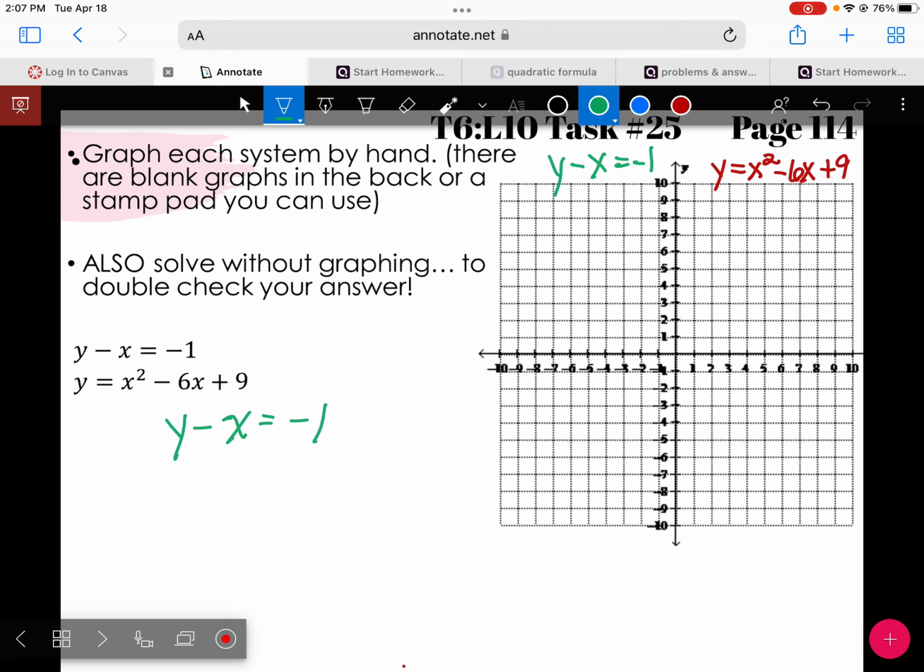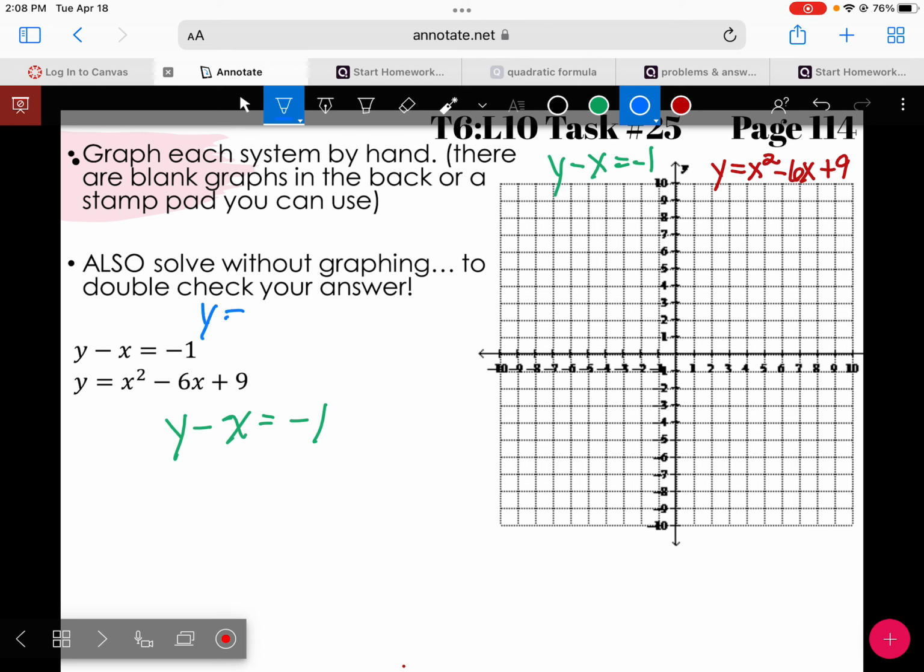Is that in slope-intercept form? It is not. What would I do to change it to slope-intercept form? Do you remember what slope-intercept form is?